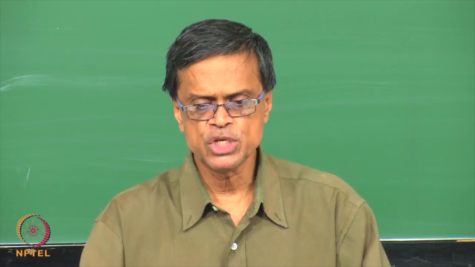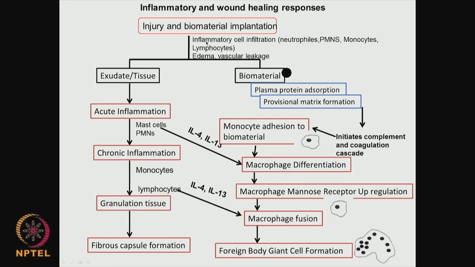So, injury and biomaterial implantation, inflammatory cell infiltration like neutrophils, PMNs, monocytes, lymphocytes, edema, vascular leakage, all these things happen. So, two things can happen. One is fibrous capsule formation or foreign body giant cell formation, which just encompasses your biomaterial.